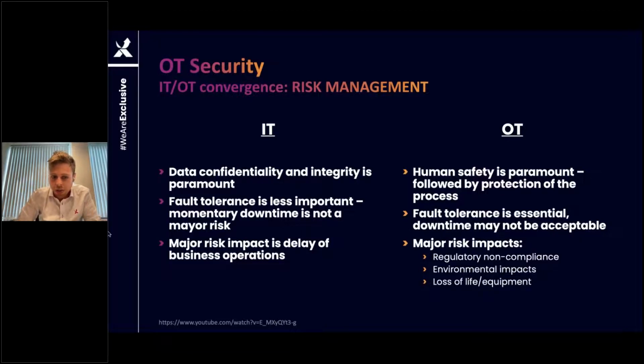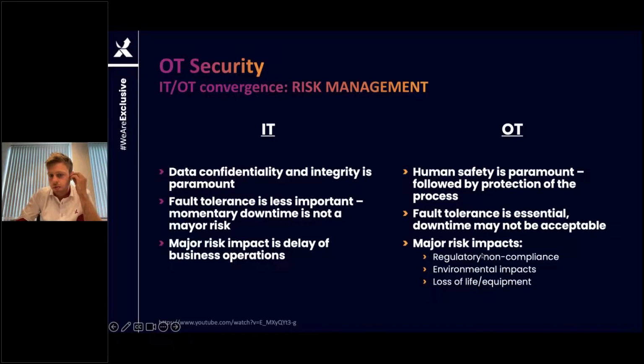With IT, you just delay your business operations. With OT, you just stop your production. Sometimes if a sensor is not coming through, it can stop a whole line, or maybe it can even destroy a batch that you are creating because you're not working with the right data. So fault tolerance is essential.